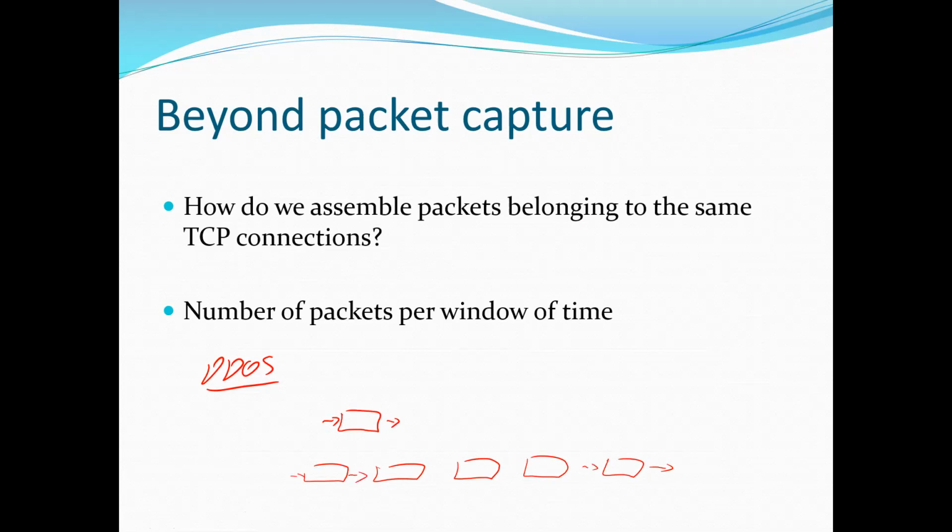Well, maybe one thing you can do is, instead of the unit or the sample being a packet, you set the unit or the sample to be a number of packets per window of time. So let's say 1/10 of a second becomes your interval, and you collect all the packets that you see in that 1/10 of a second, and then the next 1/10 of a second.